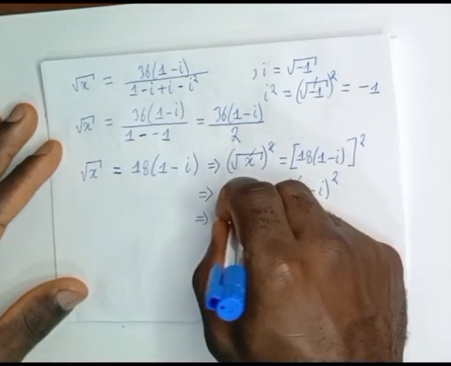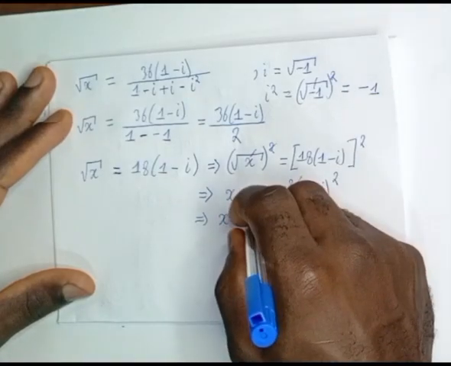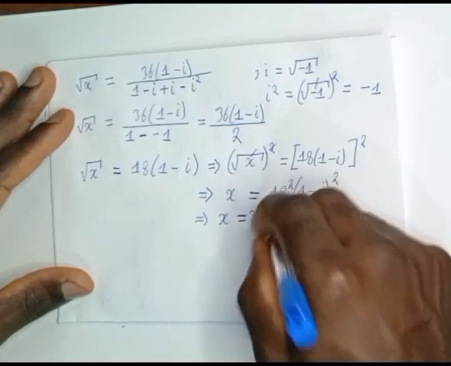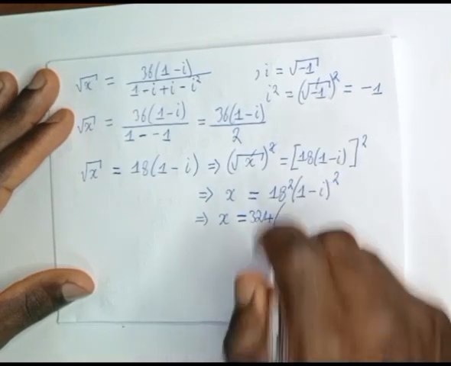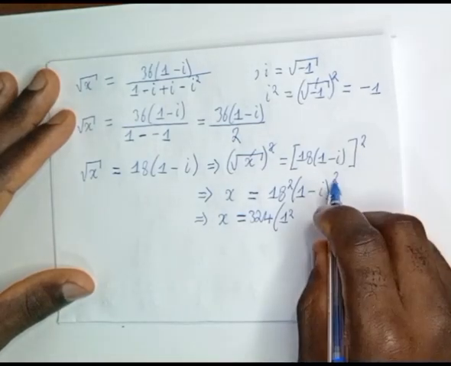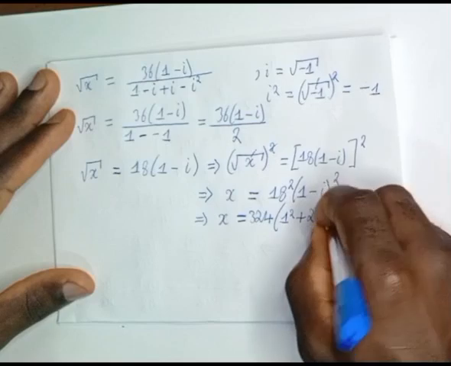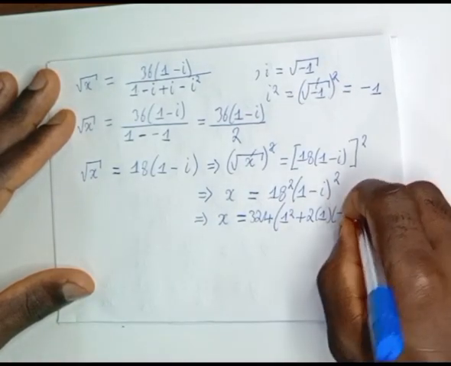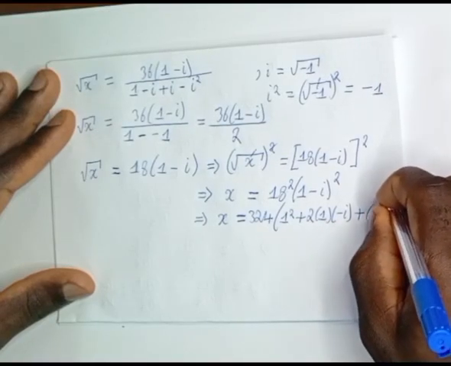Then x will simply be equal to 18 squared, which gives us 18 times 18 is equal to 324, times 1 minus i squared. 1 squared, we take 2 plus 2 times 1 times negative i, plus negative i squared.